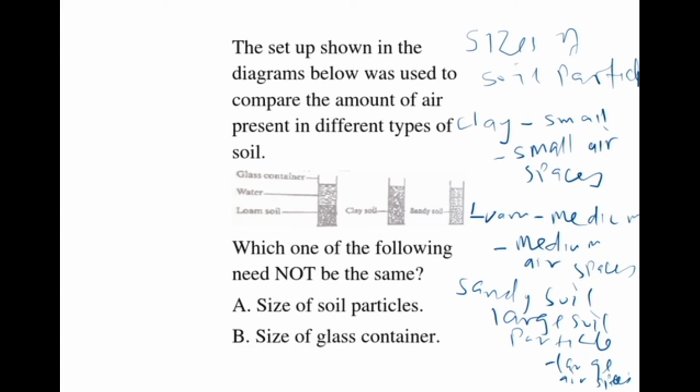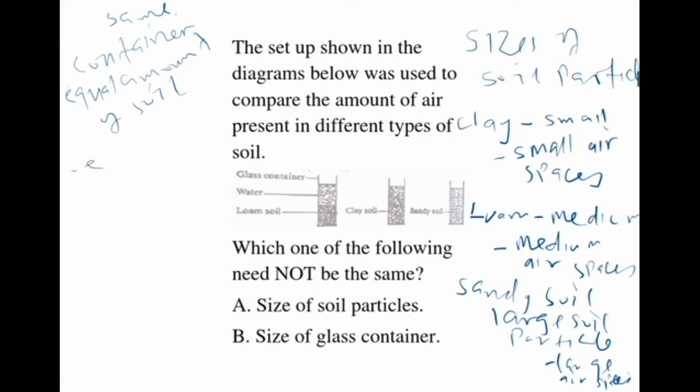Therefore, when we are comparing the amount of air in different types of soil, one, the container needs to be the same. Then an equal amount of soil, but the soil should be of different types.